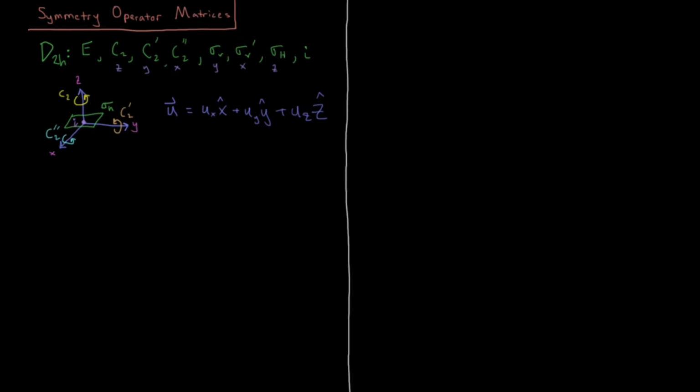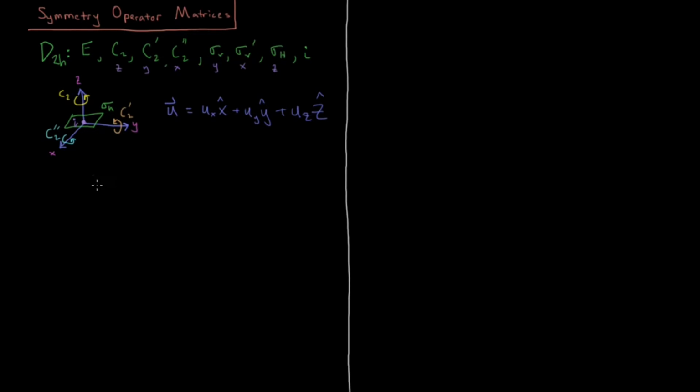Okay, so each of these, if we imagine some vector u is defined by its components in the x, y, and z direction on the coordinate system that I've drawn here. Each of these elements has an associated operator, which is going to have some defined effect on this vector if we act on it with that given operation.